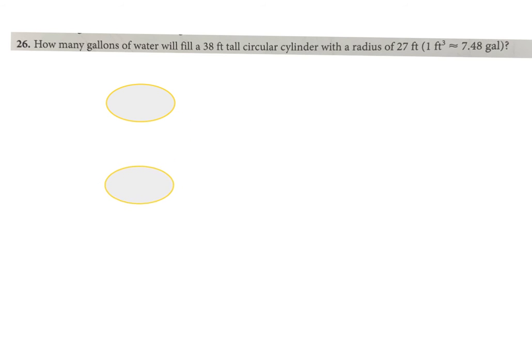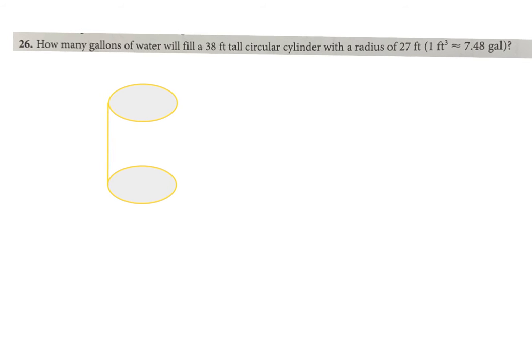All right, so we have this tank here, and they have given me really everything I need to do this part of it. All right, so they said 38 feet tall. So that's the height of my cylinder. Radius of 27 feet. And so I also have my radius here.